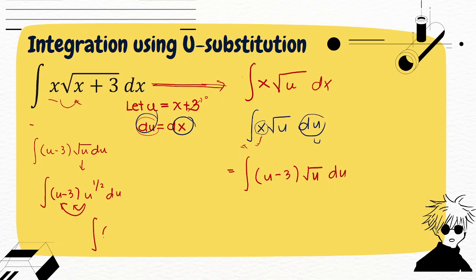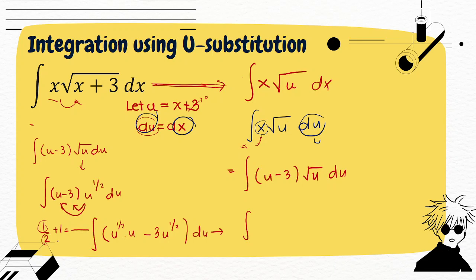So, integral u raised to 1/2 times u minus 3 times u raised to 1/2. So, what's the answer here? Integral ng u 1/2 plus 1. Paano nga mag-plus? 1/2 plus 1. Sagot. Ipa-plus lang natin si numerator at denominator.